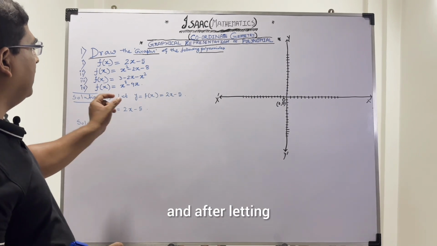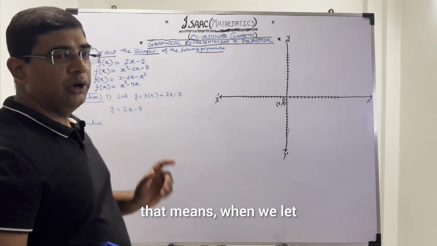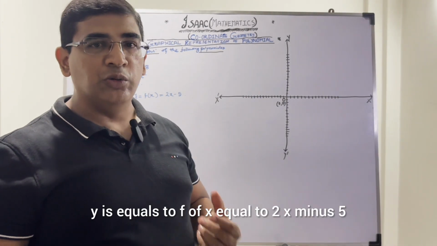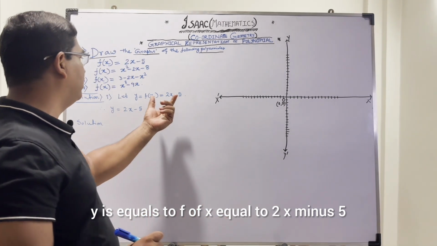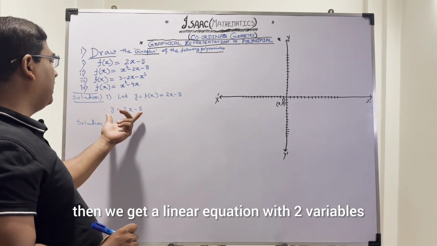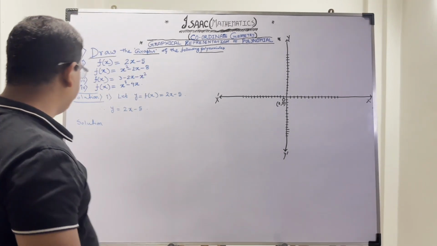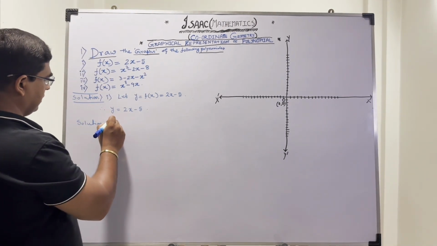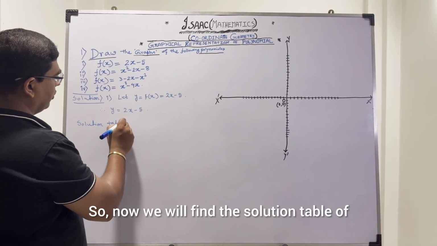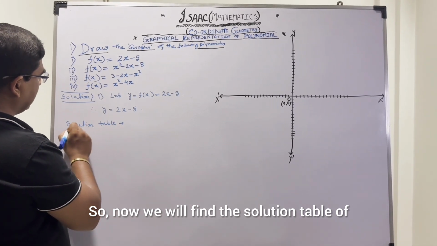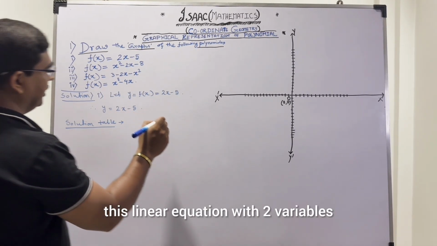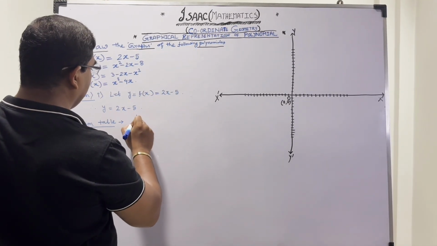When we let y equals f of x equals 2x minus 5, we get a linear equation with two variables. So now we will find the solution table of this linear equation with two variables.